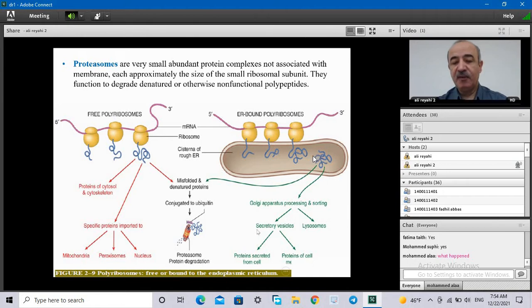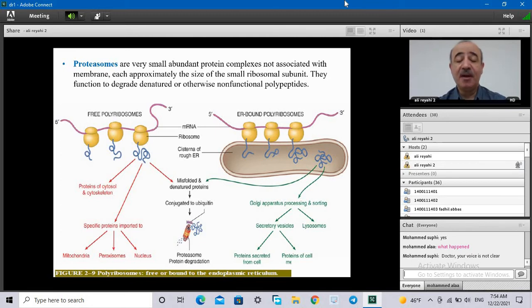For the secretory vesicle or the lysosome. And during the synthesis of proteins, sometimes some proteins become destroyed and misfolded during the folding and translation or post-translational modification. Okay, they become destroyed or denatured proteins.